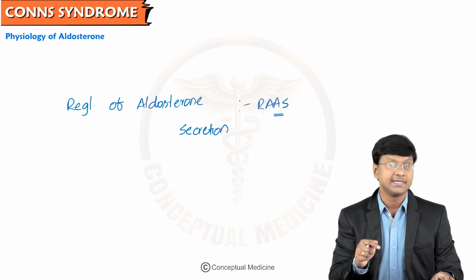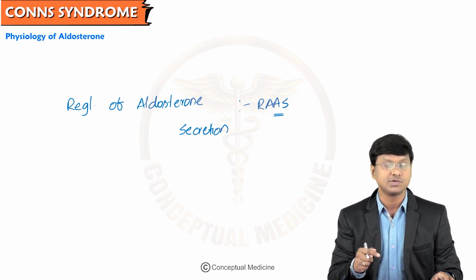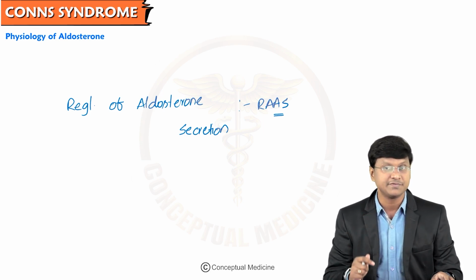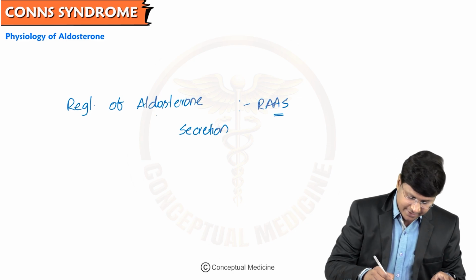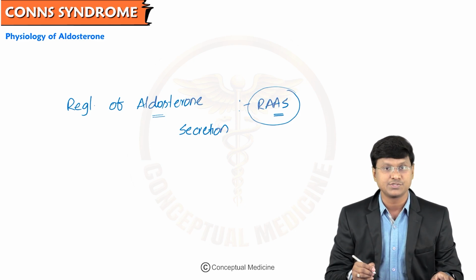Whereas the other adrenal cortical hormones, like your corticosteroids as well as the weak sex hormones, are completely under the control of adrenocorticotropic hormone, which is coming from the anterior pituitary. But aldosterone secretion is completely dependent on the renin-angiotensin-aldosterone system.